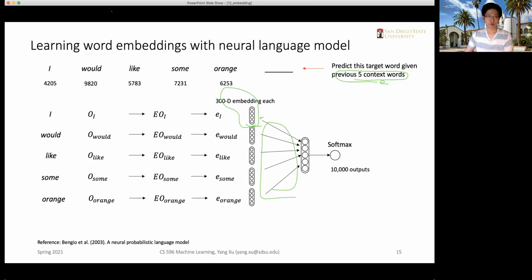Because we want to predict what the most likely word is among all the possible vocabulary. So that is the traditional method, one of the earliest methods, first proposed by Bengio in 2003, right? It's a neural probabilistic language model, right?